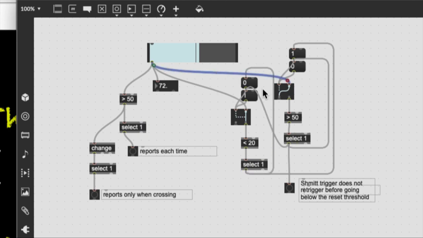So how do I do that? Well, first of all, the incoming value goes to two switches. And what you see is that the left-hand side output is not connected. So essentially, I'm not redirecting signal flow here. I'm just interrupting it.